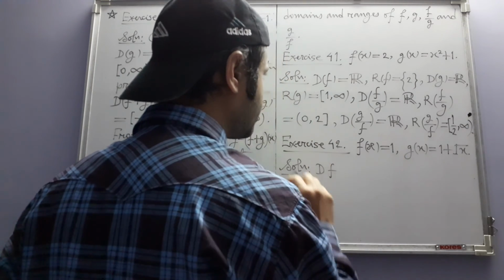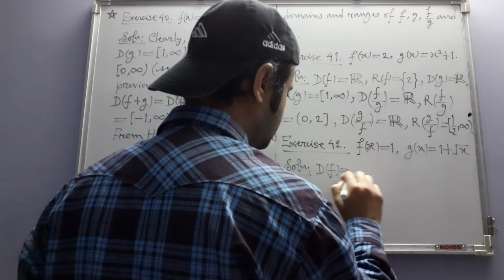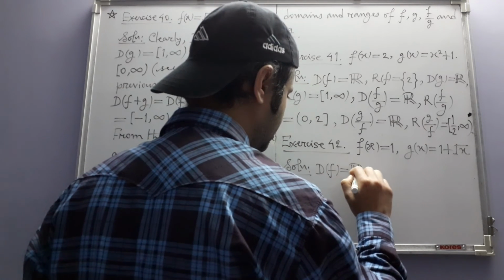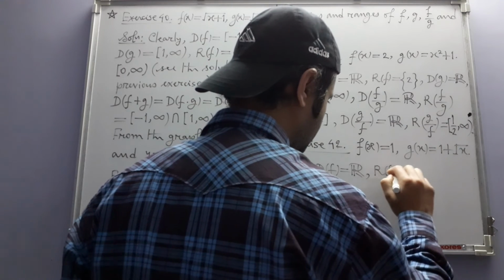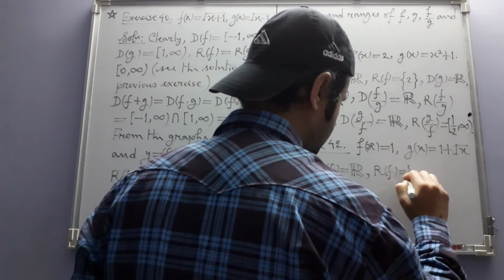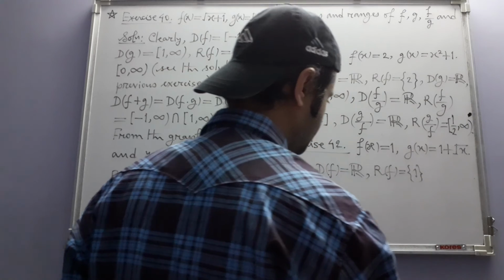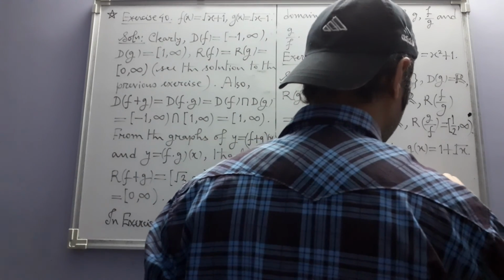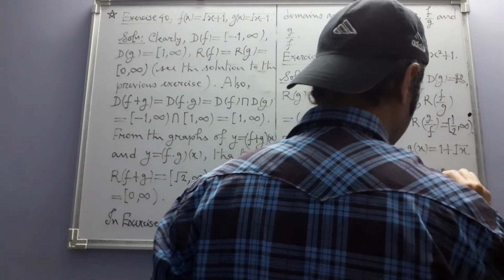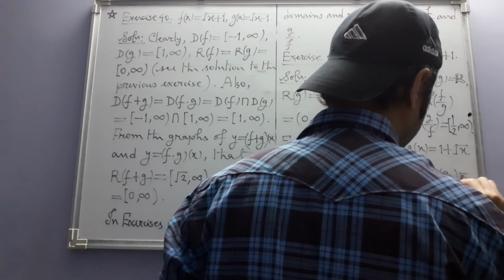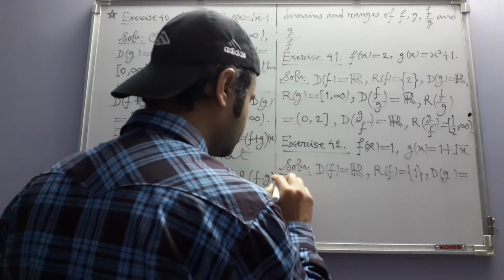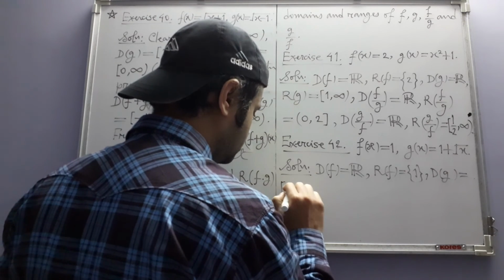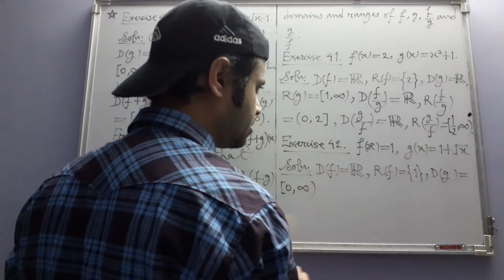F is again a constant function, so domain is the entire set of real numbers. Range is the singleton set with the only element 1. Domain of g. Negative x's are not allowed because of that square root, so non-negative real numbers.